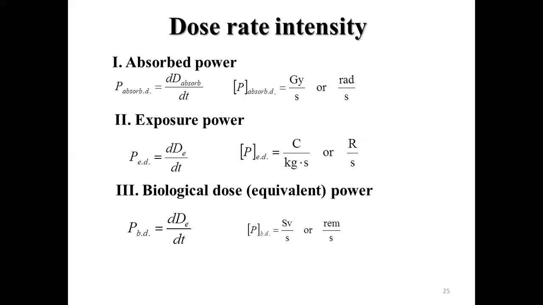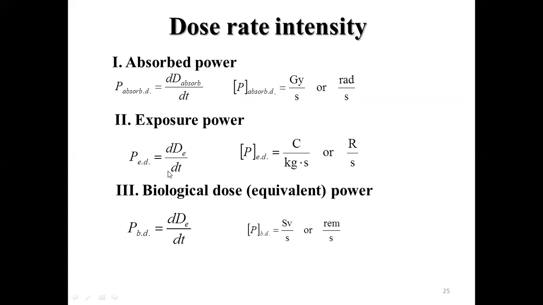If we take into account the time of exposure, we come to dose rate intensity, which is defined as absorbed power. It gives us the rate of change of our absorbed dose with time. Exposure power gives us the ratio of our exposure dose to a period of time.